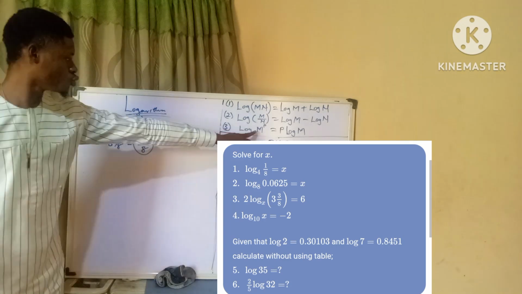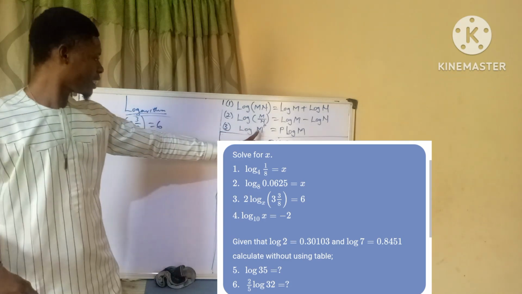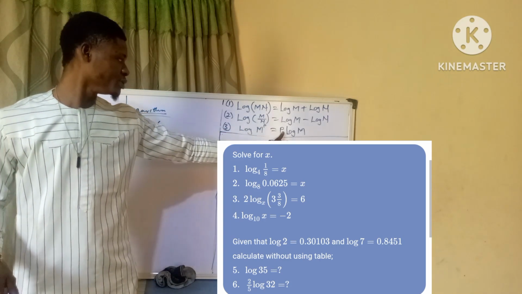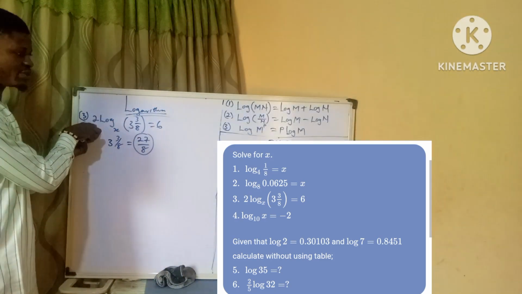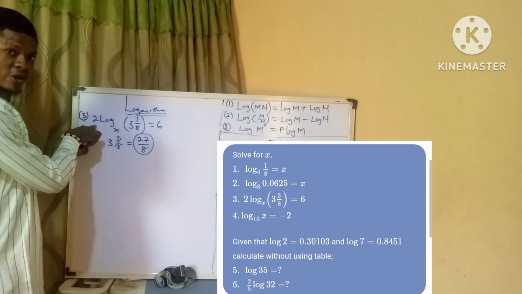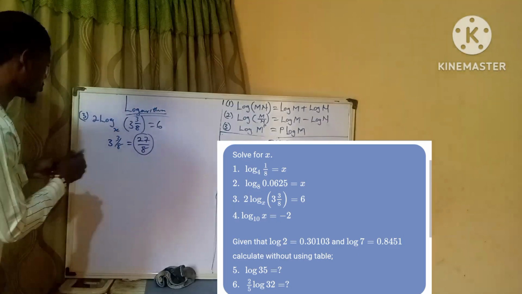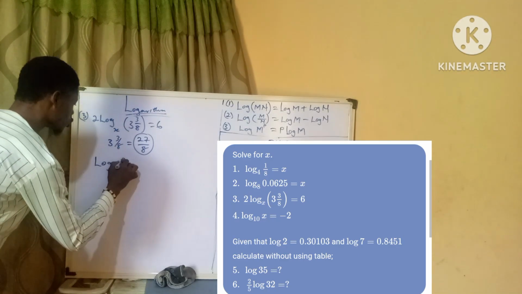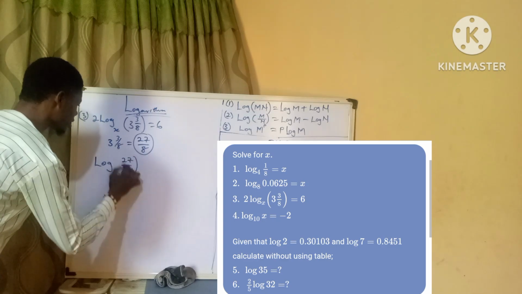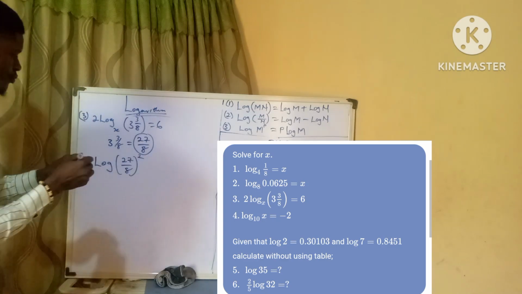Don't forget this third rule that says that log m raised to power p is equals to p log m. Look at this. This 2 is like the p. Are you with me?